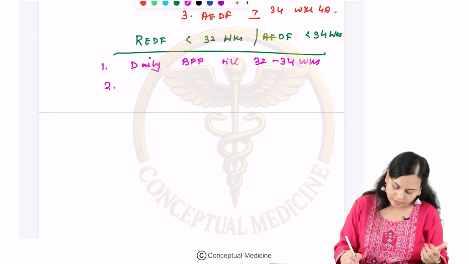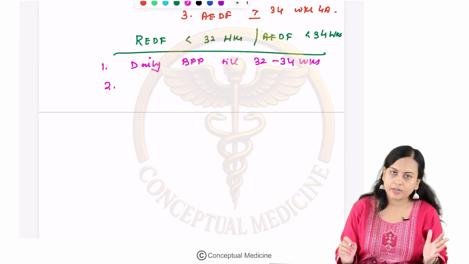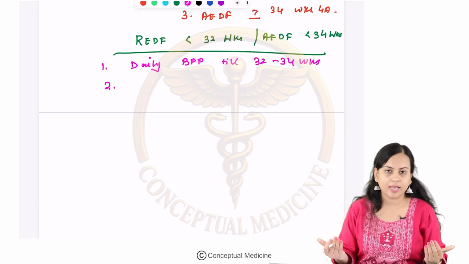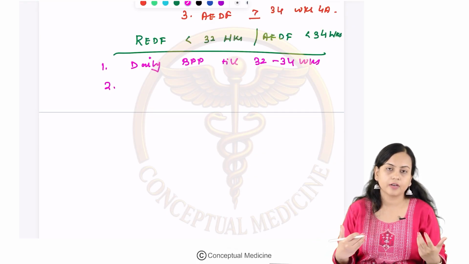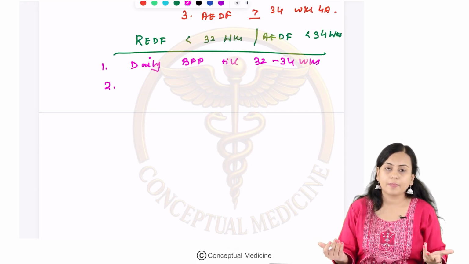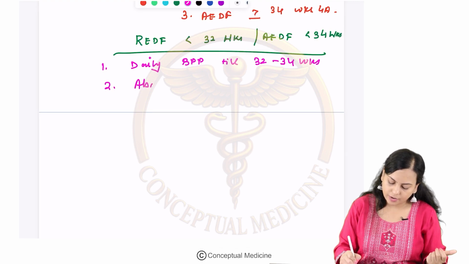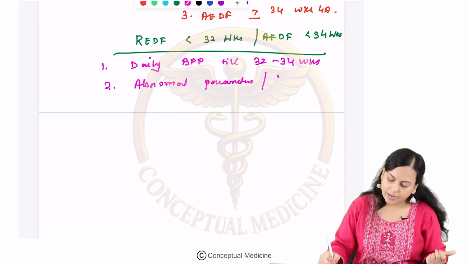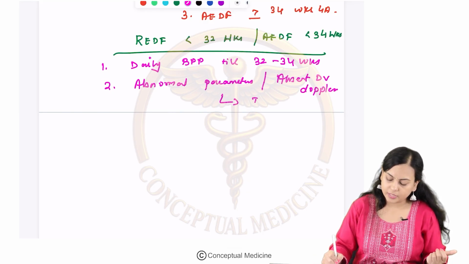Okay, and anytime while monitoring this, if there are any changes with the ductus venosus Doppler, or any abnormal parameters seen with these profiles, or an absent ductus venosus Doppler is seen, then you will be planning for immediate delivery.